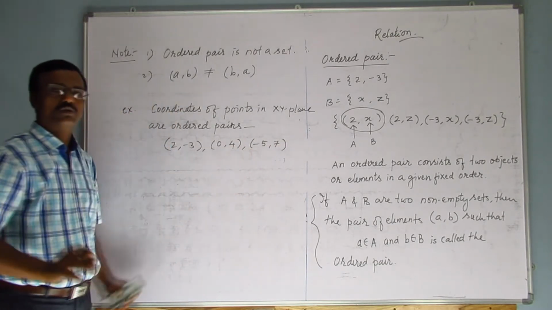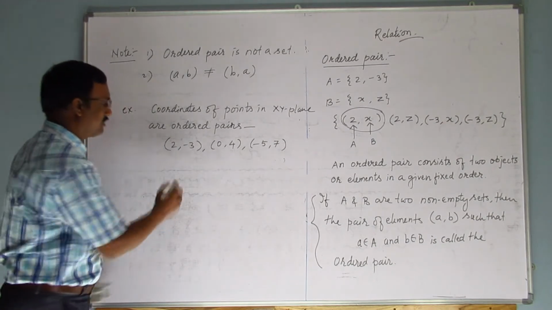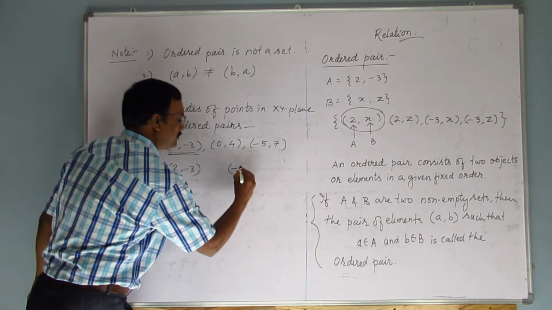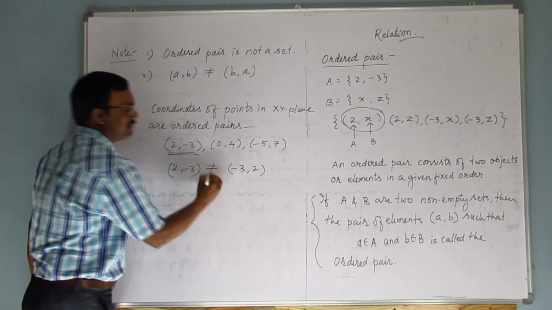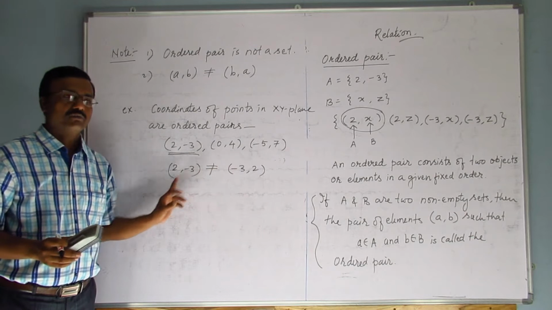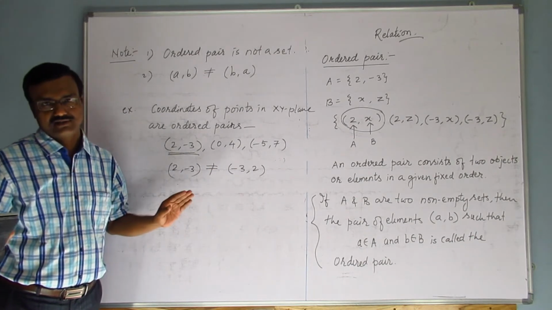So these are all ordered pairs, because we know it very well that this point (2, -3) and the pair (-3, 2), these two carry different names. This point is not equal to this point. The places of these 2 points in the xy plane are totally different.